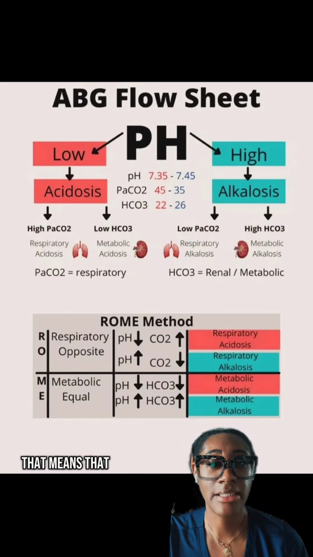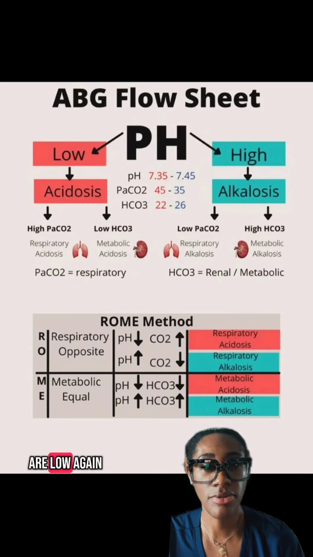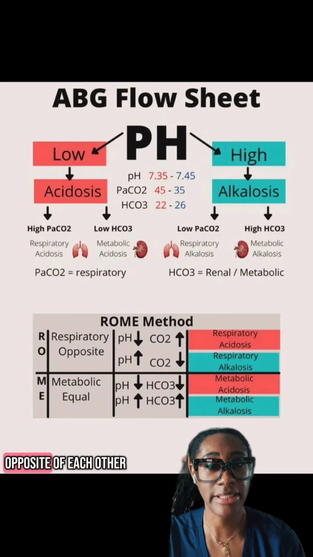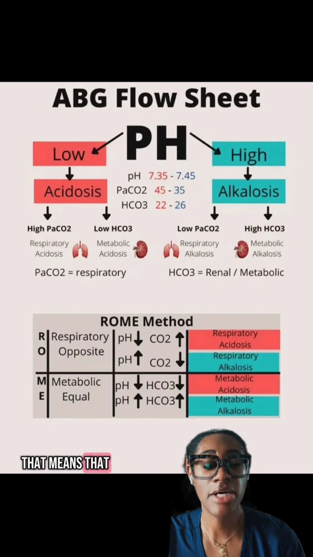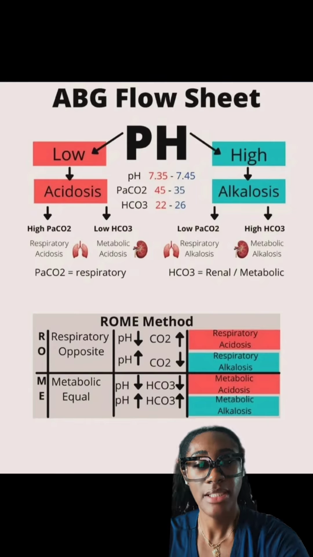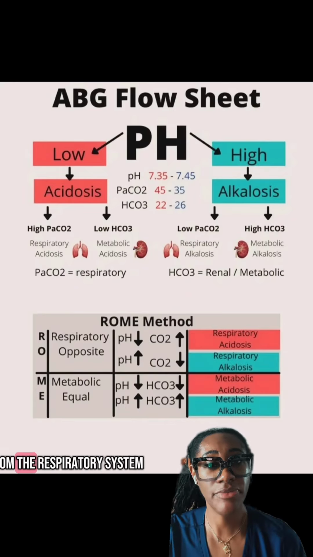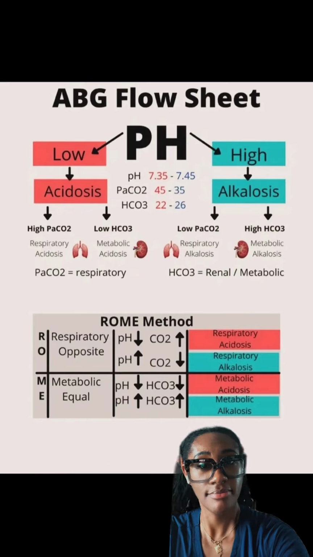If our pH levels are high, that means we're in alkalosis, and our CO2 levels are low, again, that means they're opposite of each other. That means that we're in respiratory alkalosis. This lets us know that the patient's condition is coming from the respiratory system.